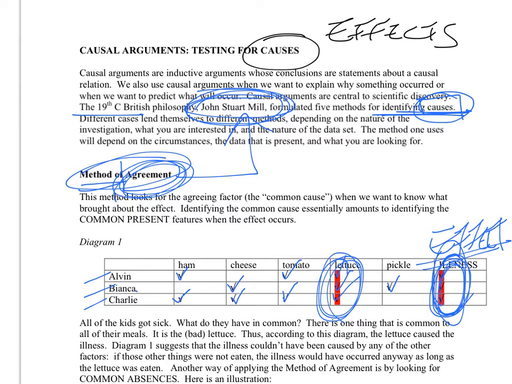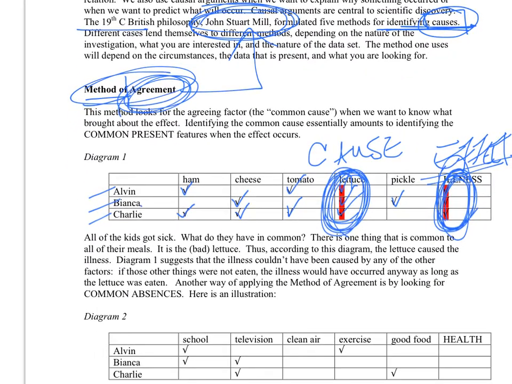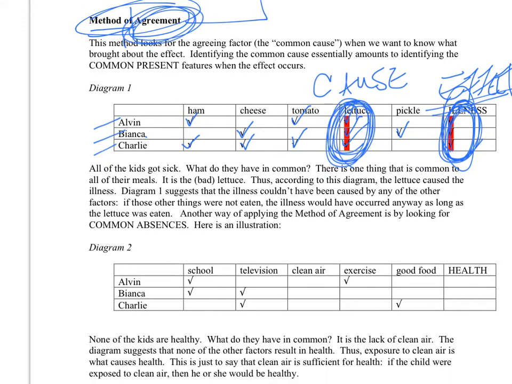So in this case, you could rationally infer that because there's an agreement in the cause, namely the lettuce, this is what led to the illness in this particular case. And this is the way a lot of scientific studies are conducted when we're trying to isolate a cause for a certain effect.